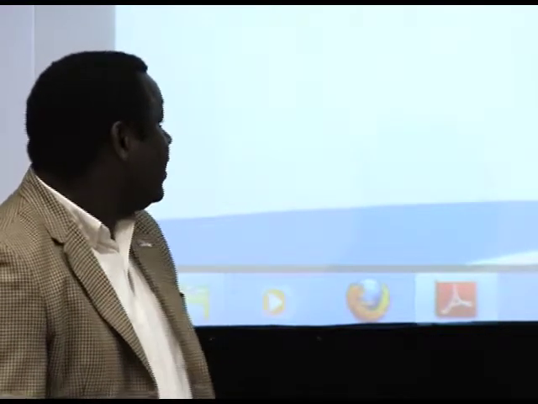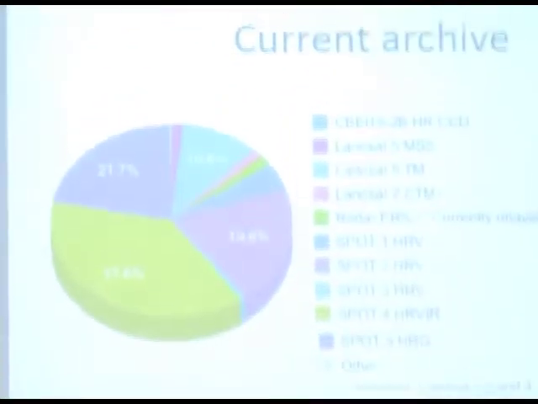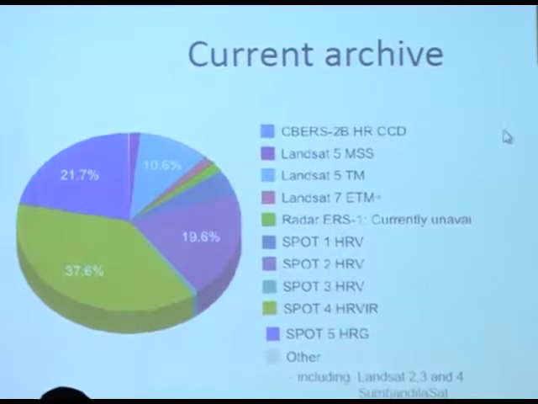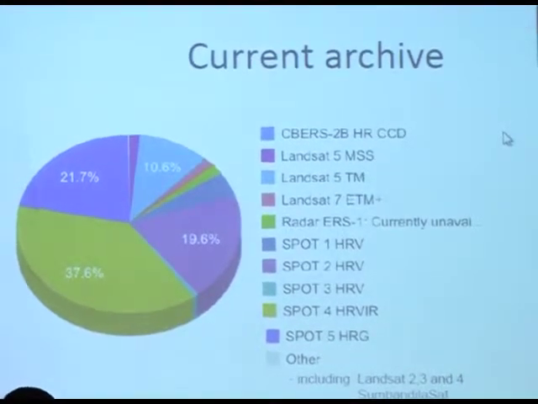We also have radar imagery, that is ERS-1, I think from 1994 to about 2000. And we've got Spot imagery from Spot 1 up to Spot 5. So in terms of that archive, you would realize most of our data holdings are for Spot 4 and Spot 5.